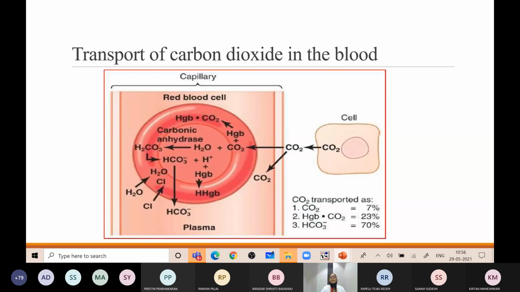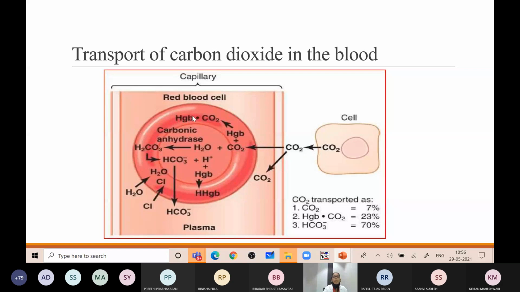Now coming on to the transport of carbon dioxide in the blood. From the cells, carbon dioxide is produced because of metabolism. It enters into the blood and into the RBCs. Some amount of carbon dioxide is transported dissolved in the plasma, that is around 7%.